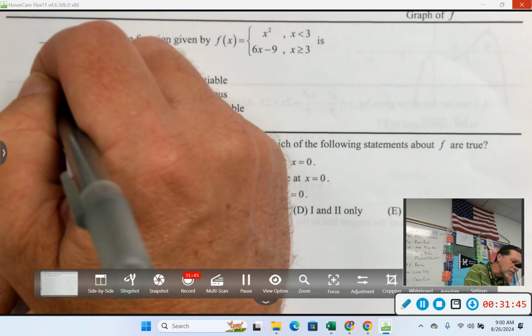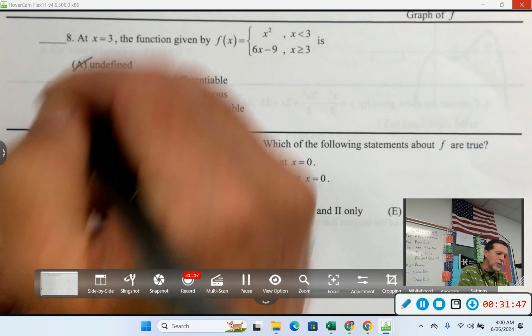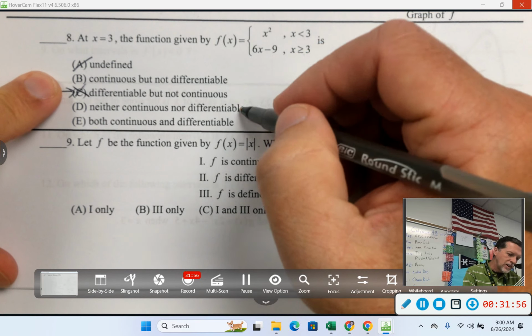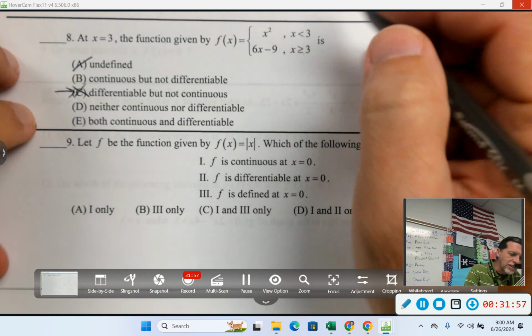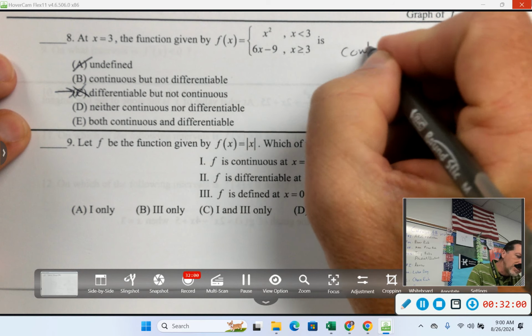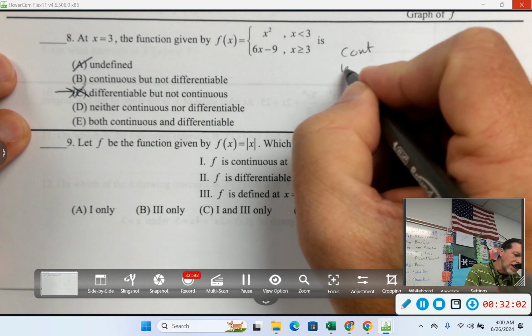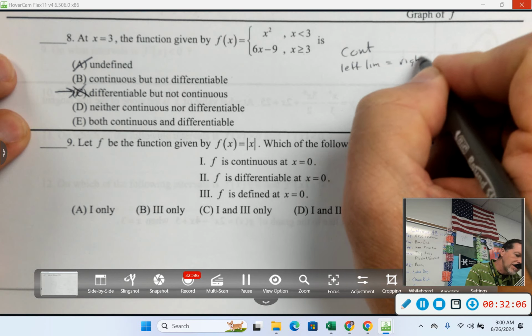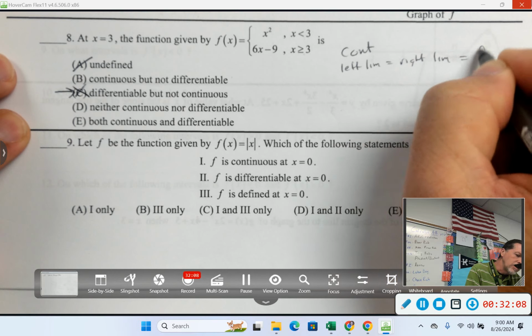Right, that's impossible. You can't be differentiable but not continuous. Like if it's differentiable, it has to be continuous. So now I'm looking for continuous. So continuity is left limit equals right limit equals function value.